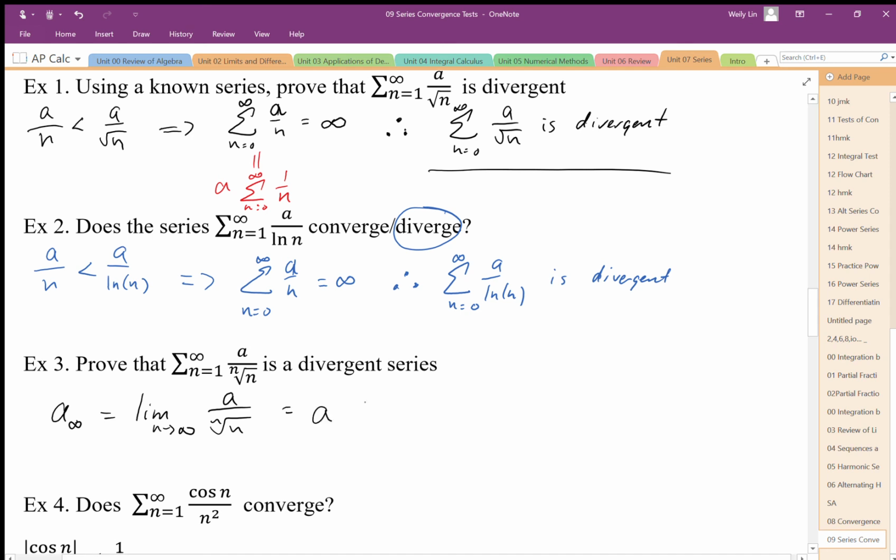That means that the nth term is not equal to 0. So a_n does not tend to 0; it goes to a. Therefore, it does not converge. It cannot converge. So we should make this statement: therefore, the sum of those terms cannot converge.